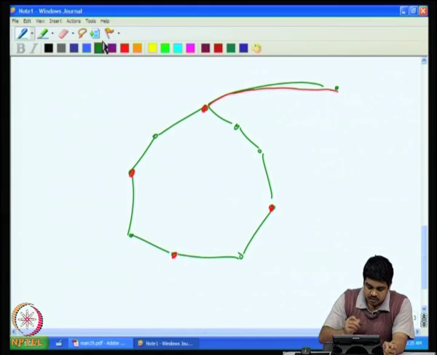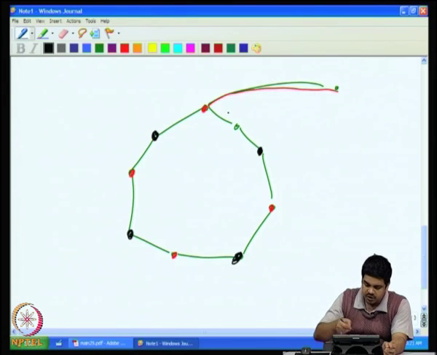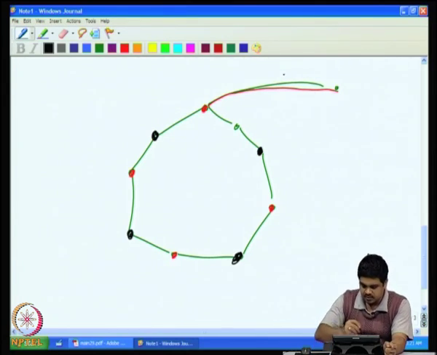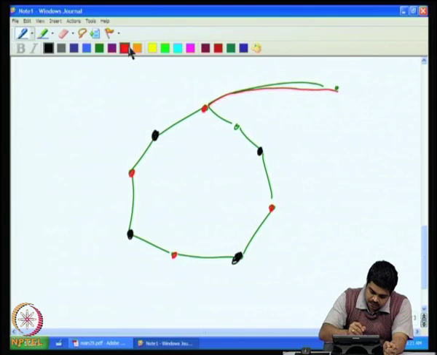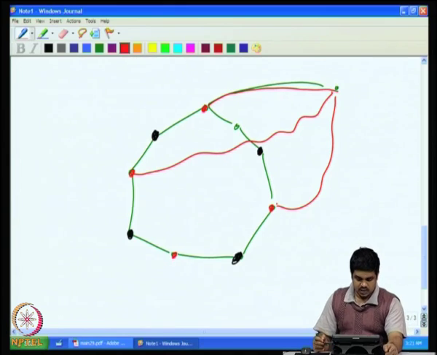Then we can mark the points just after them, going in a clockwise direction and marking the paths. These blackened vertices are the vertices just after a red vertex. A red vertex is the endpoint of some fan path, like this.